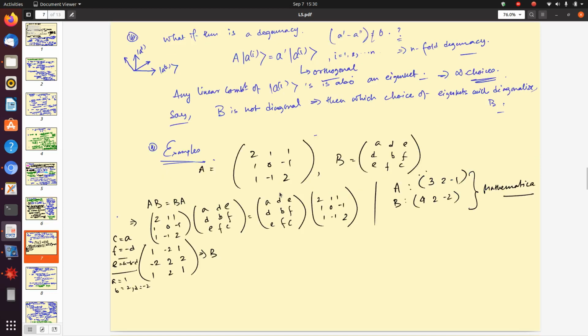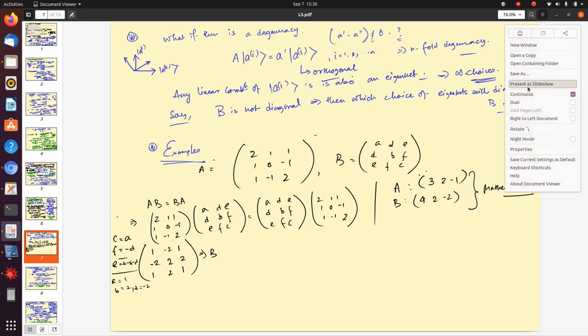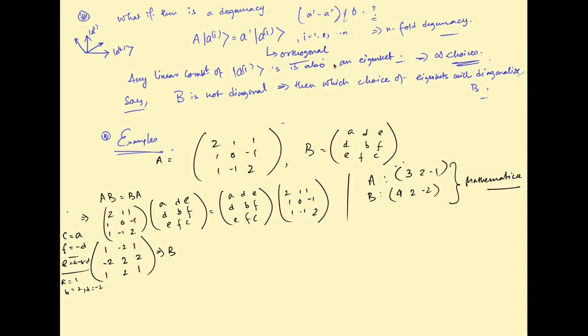Okay. Now what happens if there is a degeneracy? If there is a degeneracy, then these proofs run into a little bit of problem, but the statement remains the same. To see that, let us consider this operator acting on this set of basis states which are degenerate.